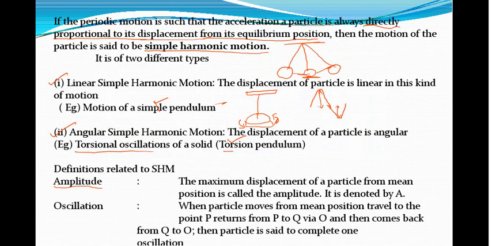Now when a particle is moving from the mean position, so you can consider this is a particle, it is moving to this position. So this is the mean position and here the maximum point.